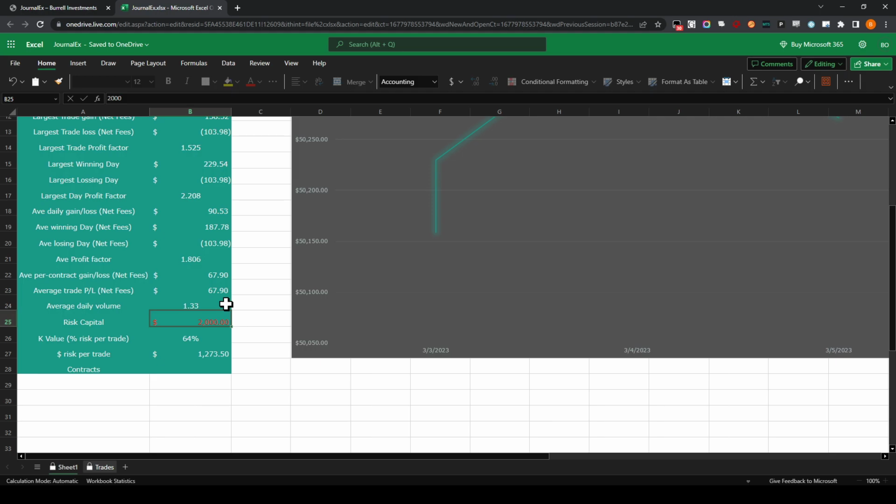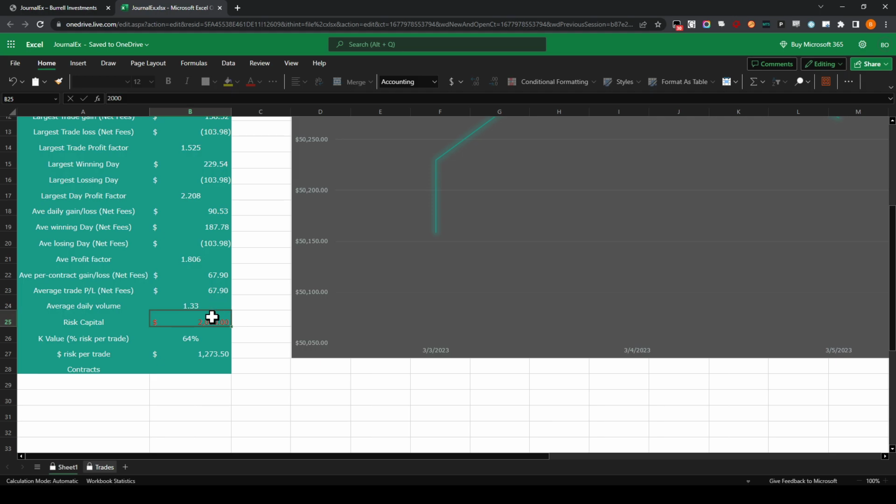So if in this example you can risk $1,500 per trade, and you see on here it's like 12, you're like, okay, I'm risking a little bit too much versus my edge that I have. Excellent. Makes a lot of sense.